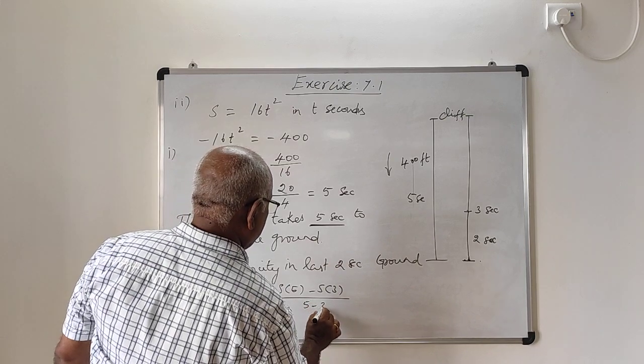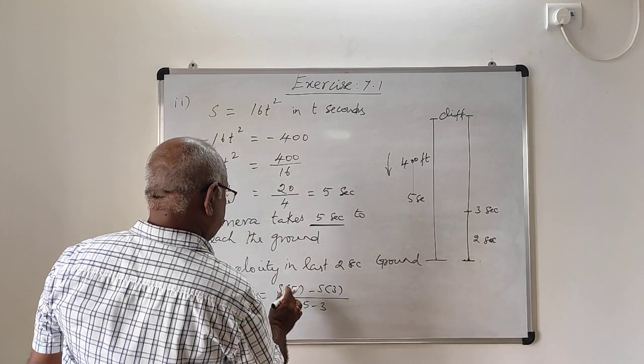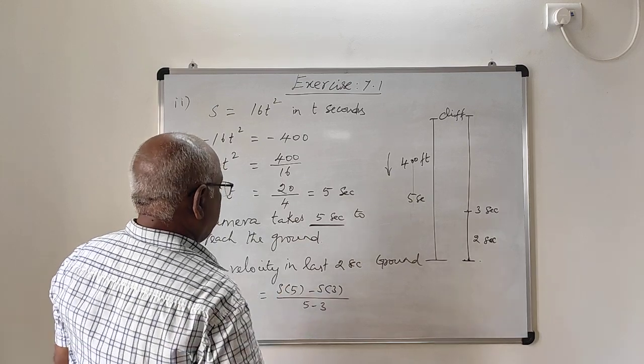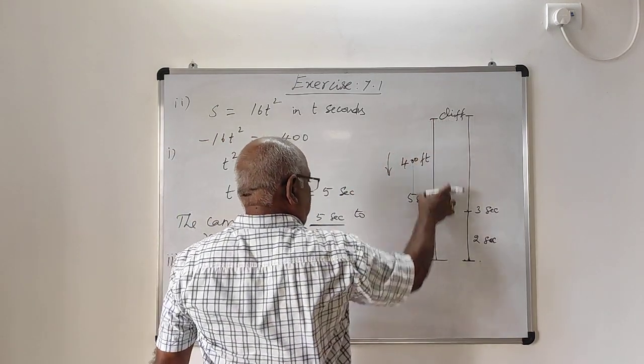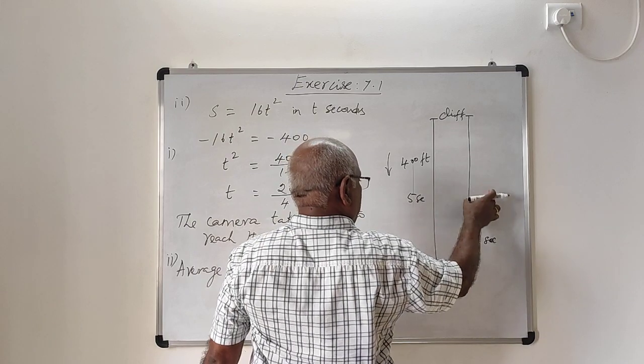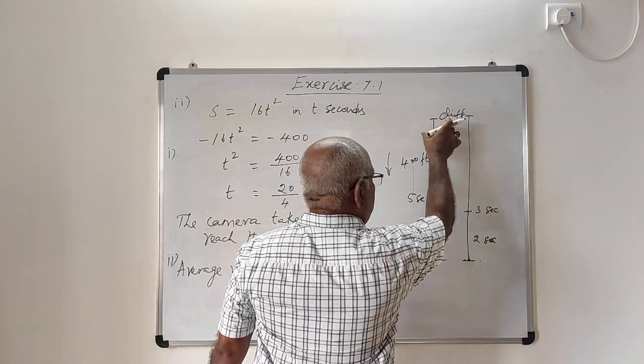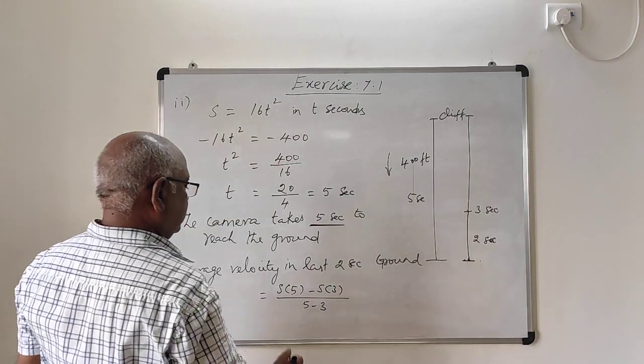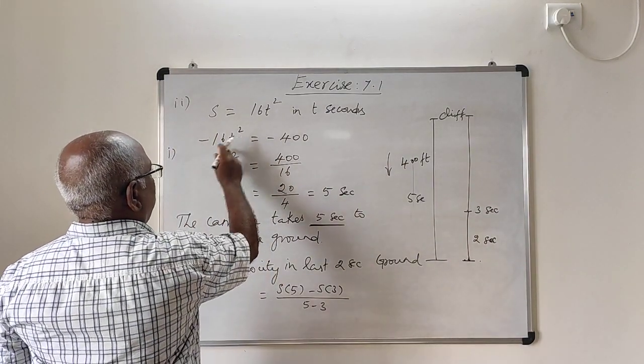This is the average velocity. The total time taken is 5 seconds and it travels 3 seconds, because they are asking for the last 2 seconds. So S5 minus S3. What is S5?